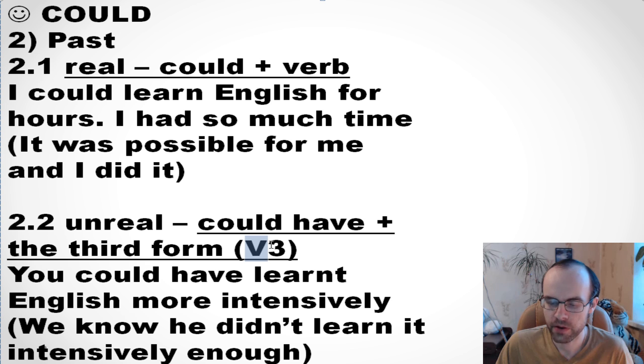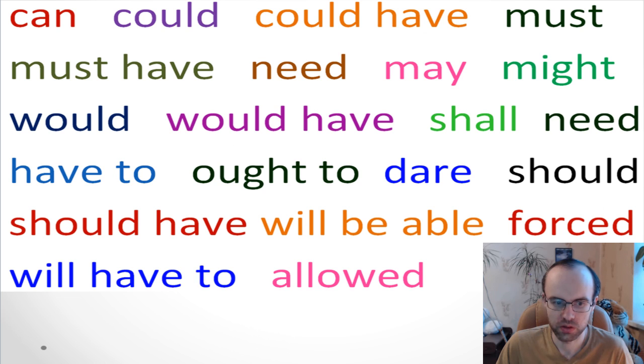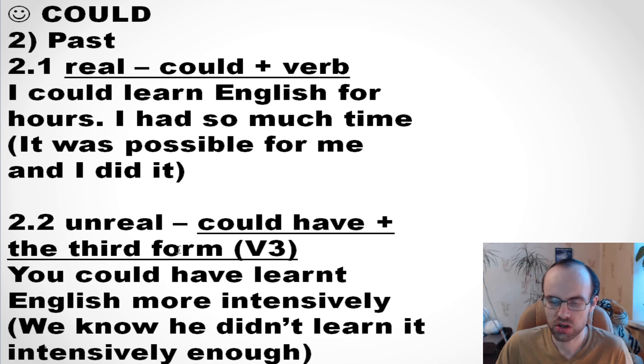V3 means the third form, unreal. So you see, could have for unreal situations. Okay, please look. You could have learned English more intensively. You see, could have plus the third form. You could have learned English more intensively.